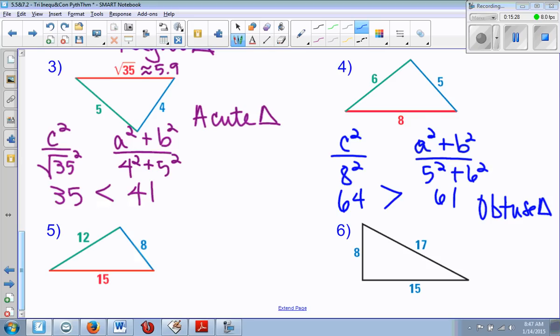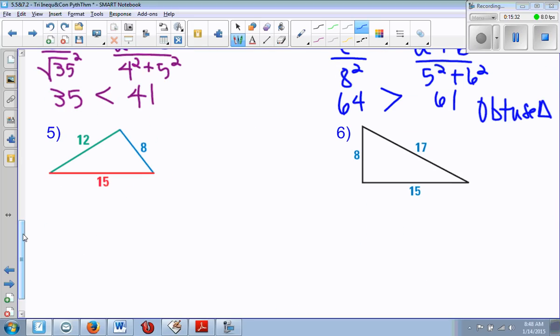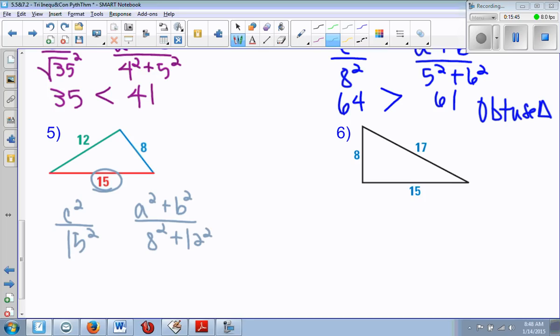Two left. First thing I'm going to do in the next one is identify what the longest side is. It's 15. C squared is going to be 15 squared. A squared and b squared, 8 and 12 are the shortest, so they get squared and added.